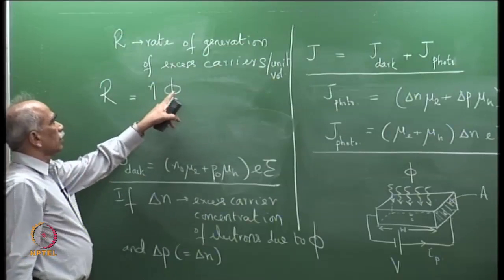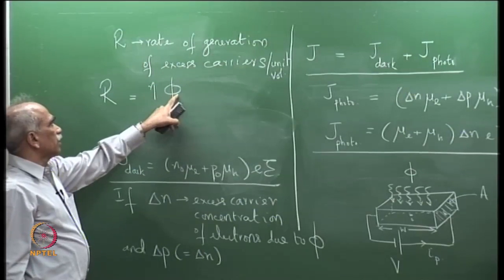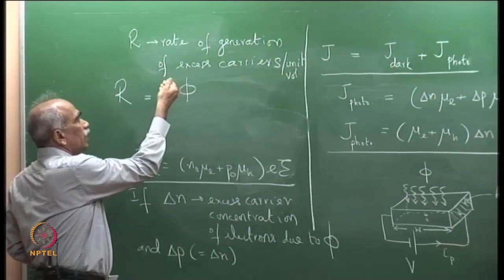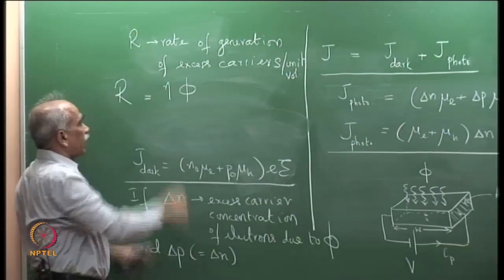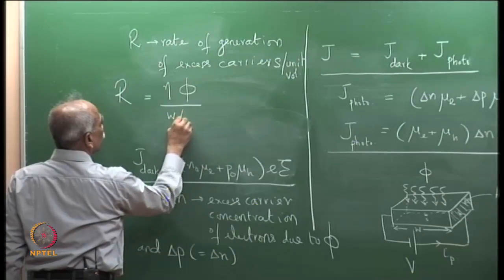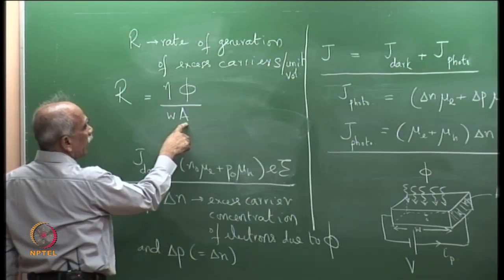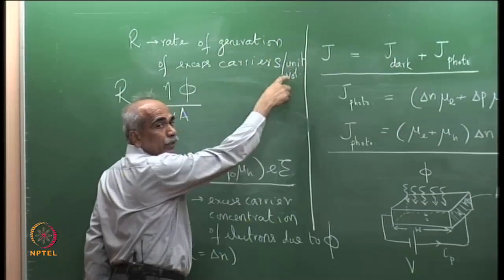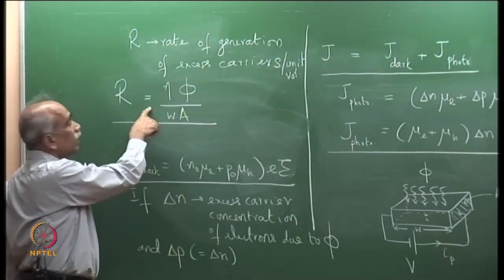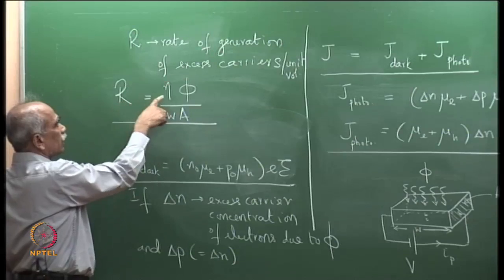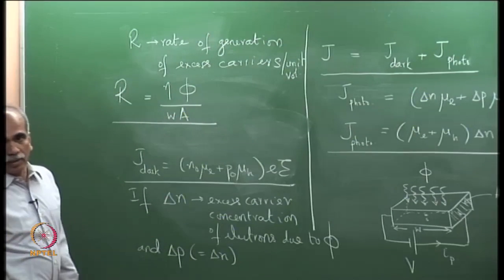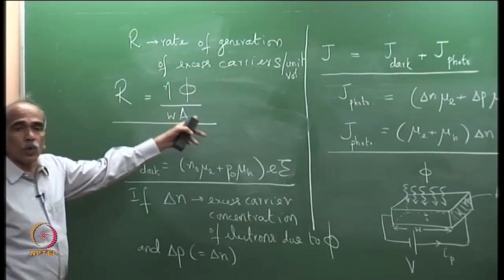Recall that if phi is the photon flux, eta is the fraction which will tell you the number of carriers, the carrier flux, which is generated. So, eta divided by W into A. W into A has come because it is per unit volume. So, R, the rate of carrier generation per unit volume, is equal to eta phi divided by W into A, where this is the volume.